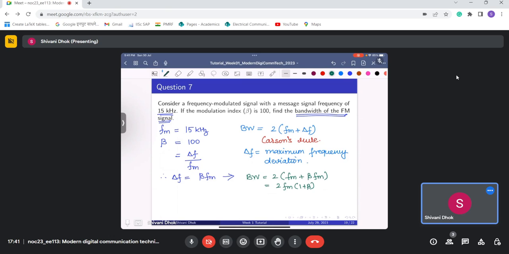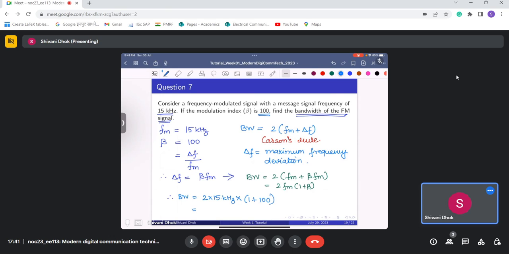Okay, so therefore my bandwidth is 2 times Fm, which is 15 kilohertz, so I'll write it as 2 times 15 kilohertz multiplied by 1 plus modulation index, 1 plus 100.